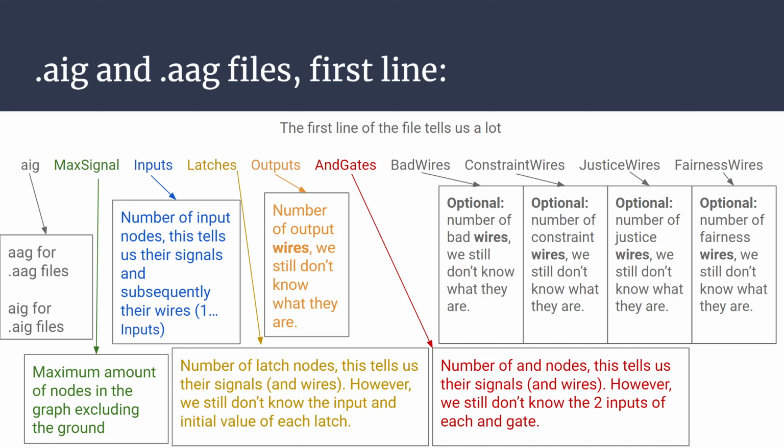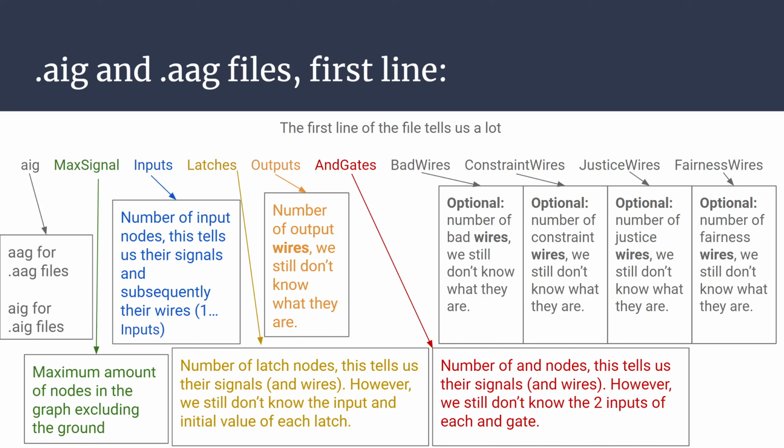AAGs are ASCII readable versions, so they're larger. They're less used for software that is meant to read and handle these files, so I didn't really write a parser for it because I feel like it's not needed. But once you know how to parse AIG files, you definitely know how to parse AAG files. It's a very similar idea.